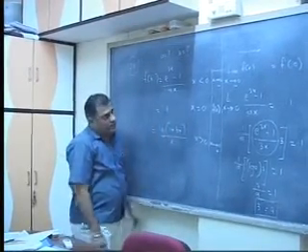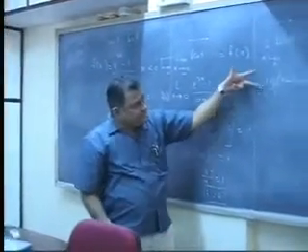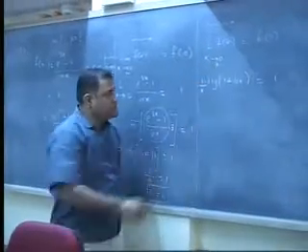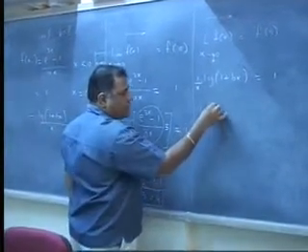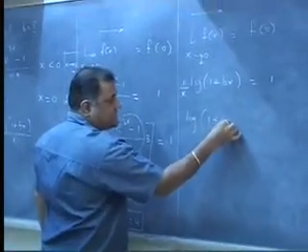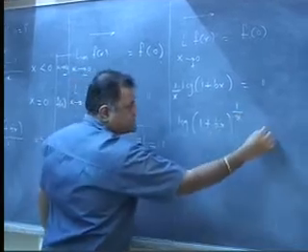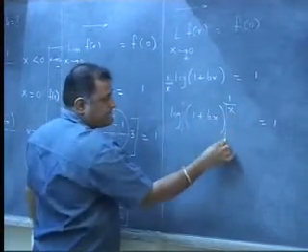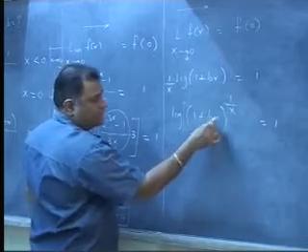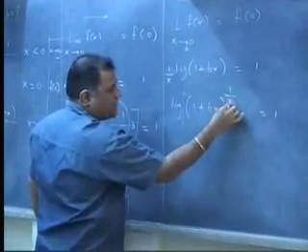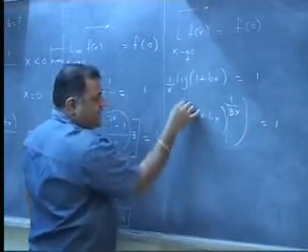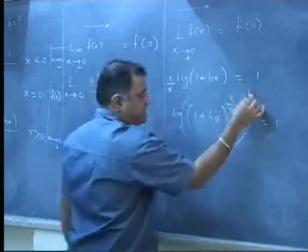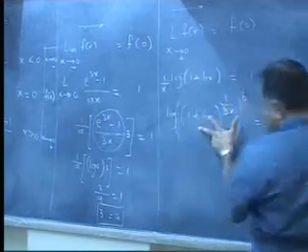Now this 1 upon x will go here, so it will be log of (1 plus bx) raised to 1 upon x. Now I have to do the provision of b. So b upon 1 will be written as 1 upon b will be written as b. Please check it.